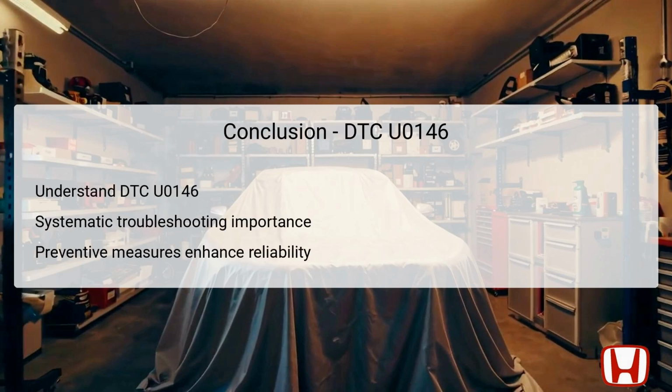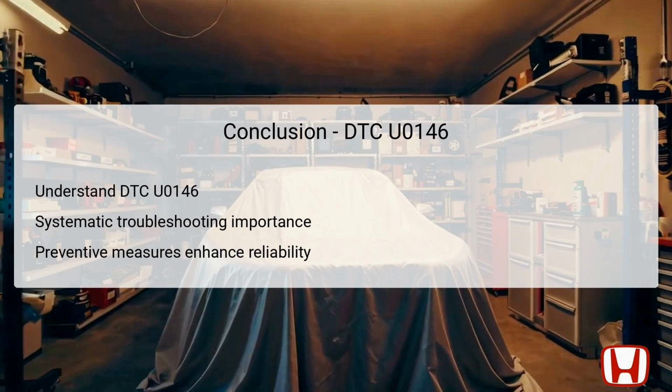In conclusion, understanding DTC U0146 and its implications is vital for maintaining the Honda Civic's performance from 2016 to 2021. This DTC, which indicates a FCAN malfunction involving the transmission control module, affects critical vehicle operations, which requires immediate attention and systematic troubleshooting. Each step, from checking FCAN circuit continuity to verifying TCM operation, serves to isolate and rectify the issue effectively.